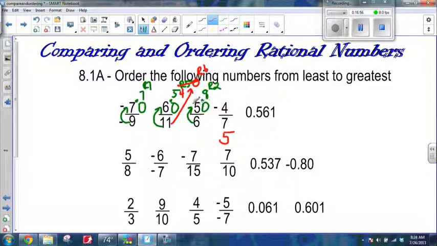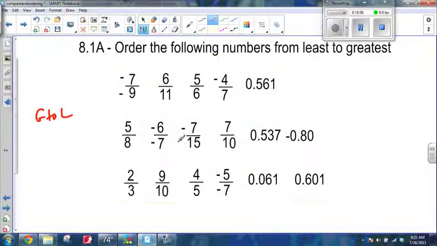So now the greatest number up here that we see is 0.8, so that would be number 1. And then 0.7 would be 2, and we already determined that this was smaller than this number, so this is 3 and 4. So now we order this from greatest to least, turning the numbers to decimals.